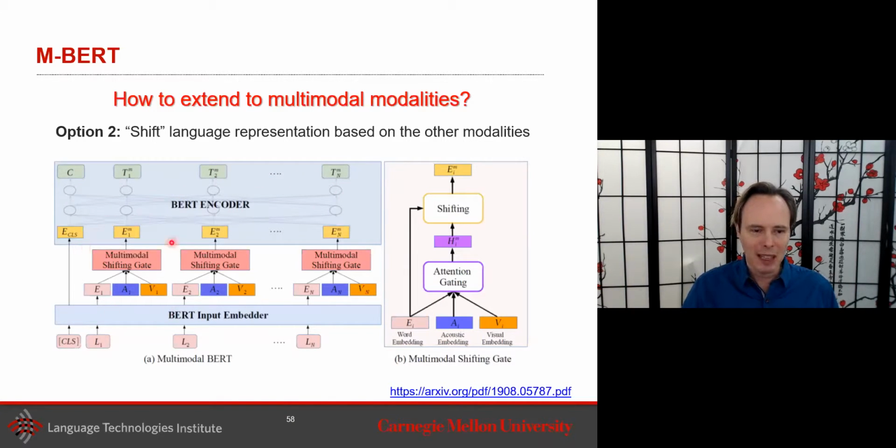As a pre-step, it is one other way to do the embedding as well.